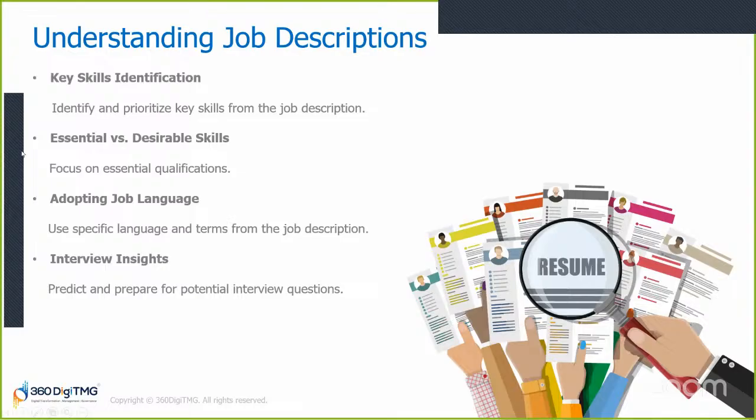For example, data scientist is a common role, but a particular job description may be based on NLP, that is natural language processing, or on LLMs, large language models. So we have some particular key skills that will be identified, and we can get them from the job description. We need to prioritize those key skills, and based on the job description, we need to mention those key skills in your resume.